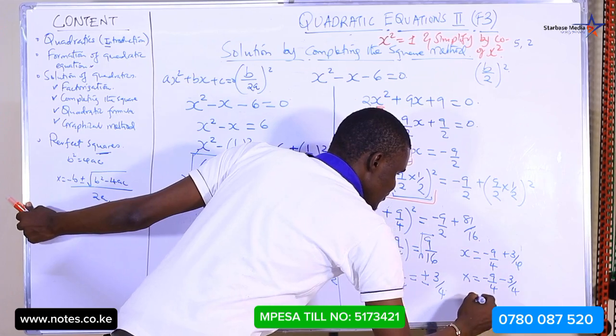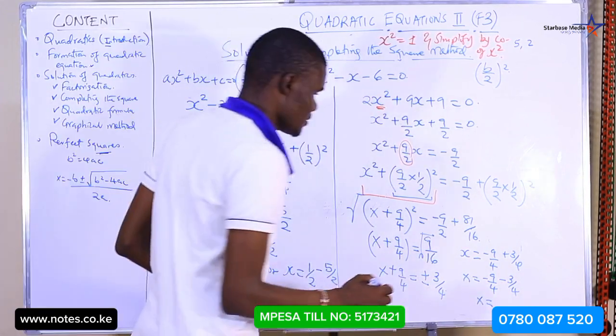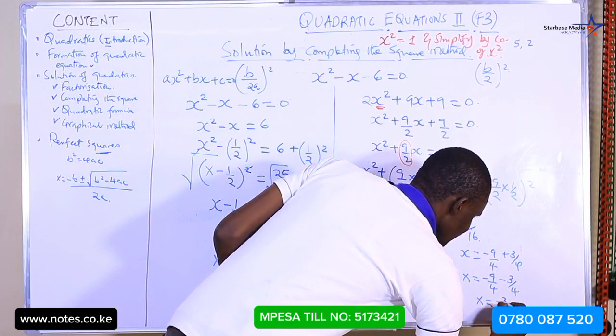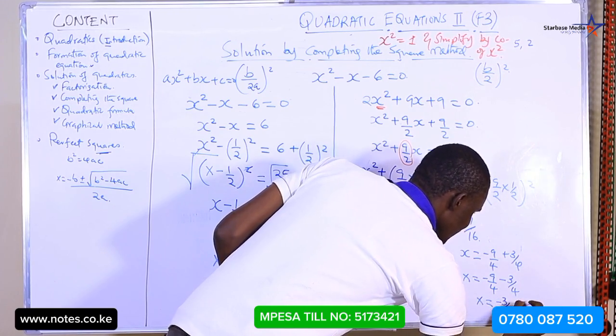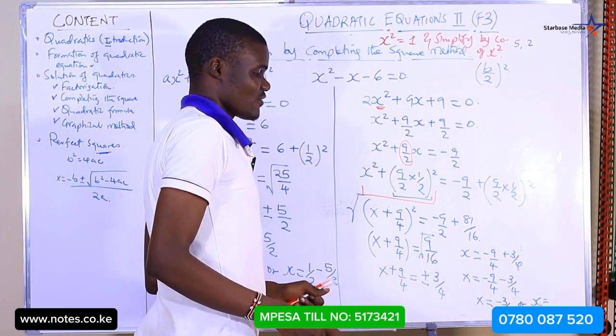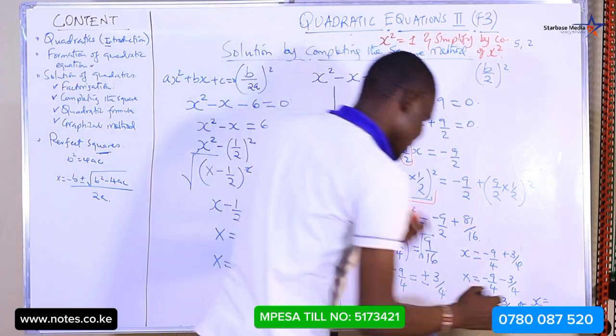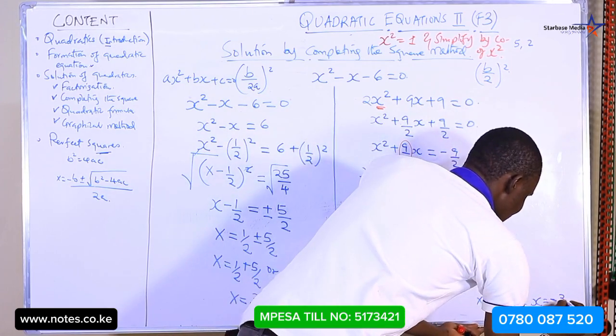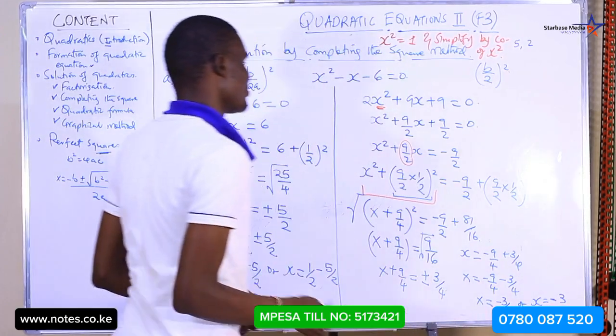What do you get in those circumstances? Negative 3 over 2. And what do you get when you have negative 9 over 4 minus 3 over 4? Negative 3. The cheapest method is completing the square.